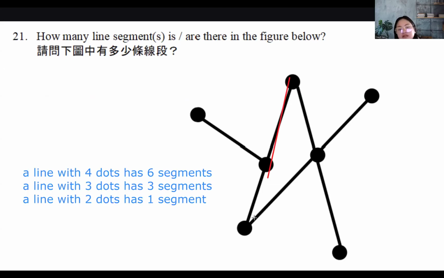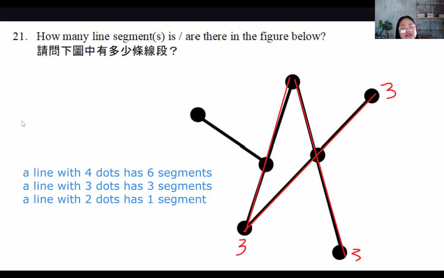This is a three dotted line, right? So a three dotted line that has three segments. This one also is a three dotted line. So that means this has three segments. Okay? This one is a three dotted line. That also means that has three segments.